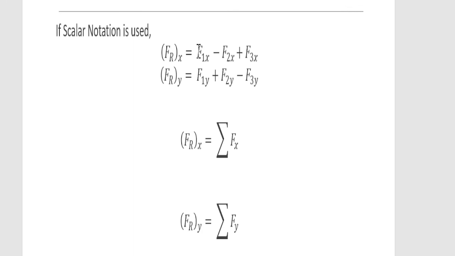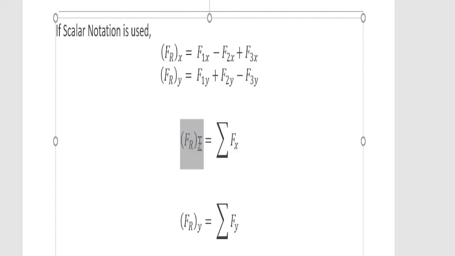So we can simply say it's a sum of the horizontal components. Frx should be the sum of the x components of the given vectors, then Fry is the sum of the y components of the given vectors. So there is nothing to confuse here.